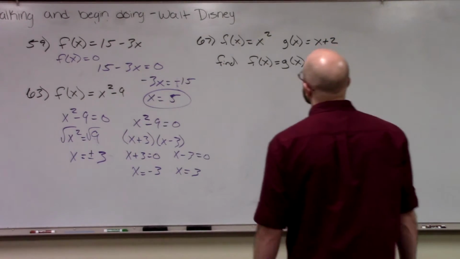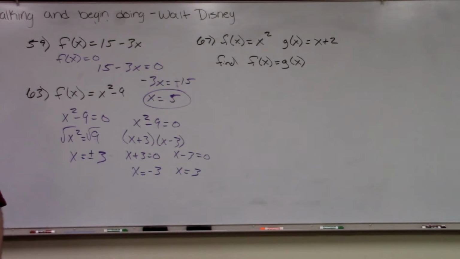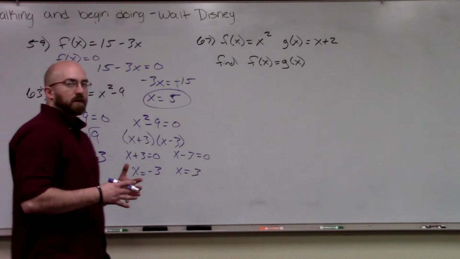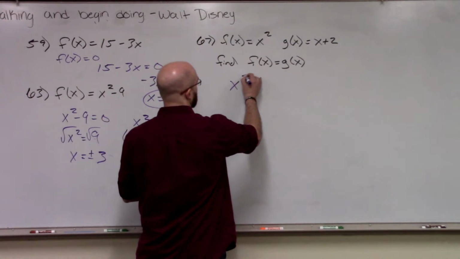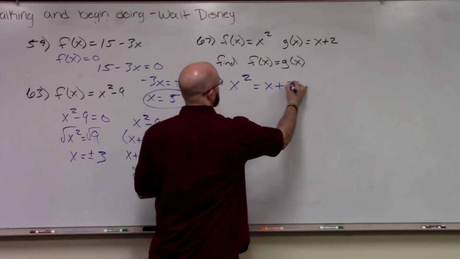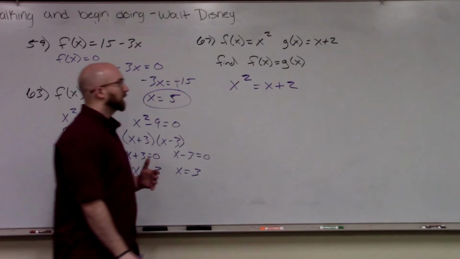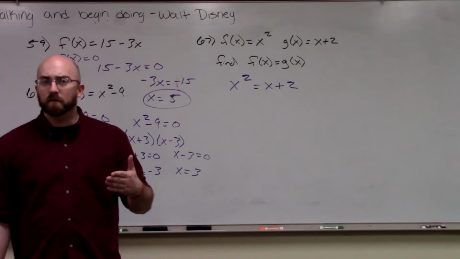Now we have 67. 67 says find when f of x equals g of x. It's really not as complicated as it sounds. Go ahead and just set them equal to each other. And so that's just x squared equals x plus 2. Okay? When you have something like this, different powers, you cannot take the square root to try to get rid of it.